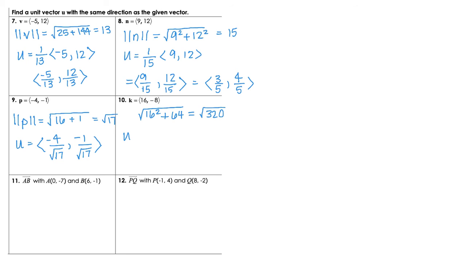So the unit vector is going to be 16 over square root of 320, comma, -8 over the square root of 320.